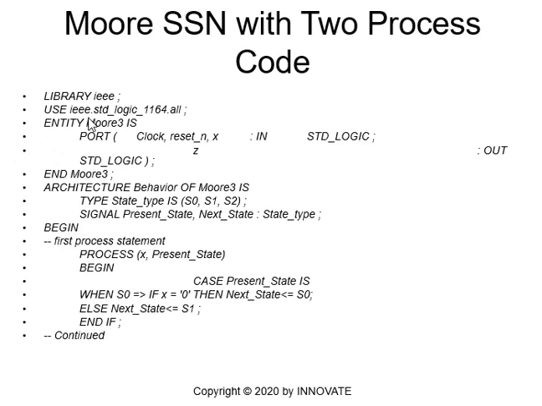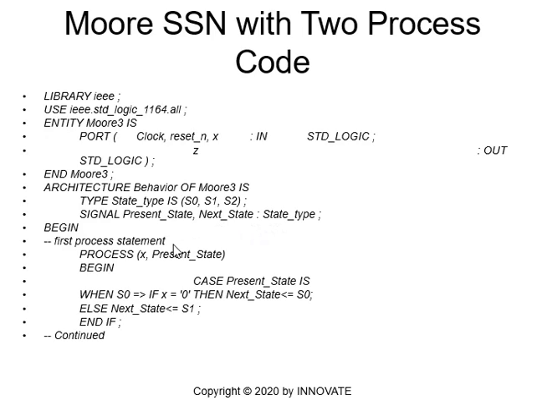Use IEEE standard logic 1164. Entity mode 3: we have clock, reset n, and x as input, and z is output. In the architecture behavior of mode 3, we declare the type. State type has three states: S0, S1, and S2. We declare the signals present state and next state of that type.